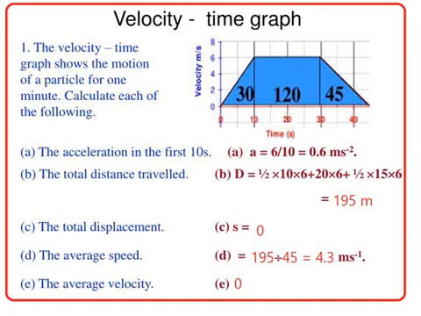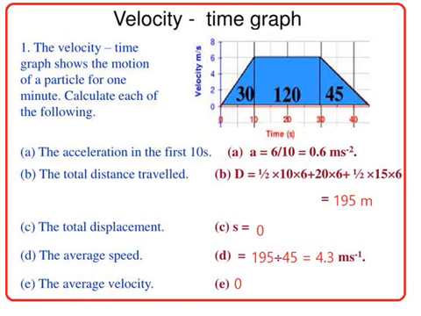So the distance traveled here is calculated by finding the area enclosed by the curve with 2 triangles and 1 rectangle, or in short using the formula for the trapezium, half h into a plus b.